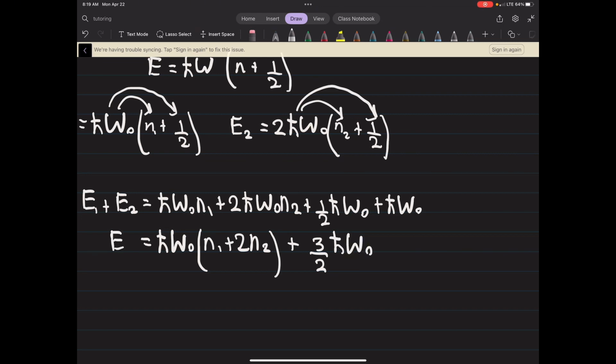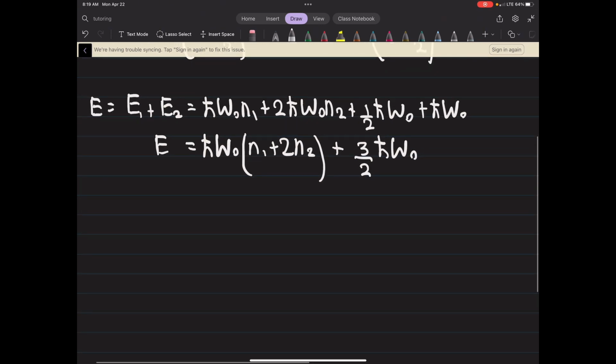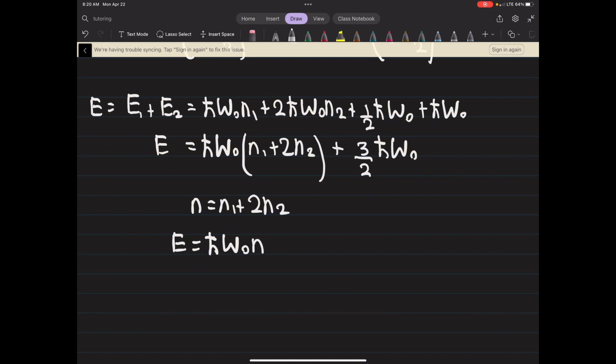So that's our energy. And we can define a new n as being N1 plus 2 N2. So then our energy is just h bar omega naught n plus 3/2 h bar omega naught.